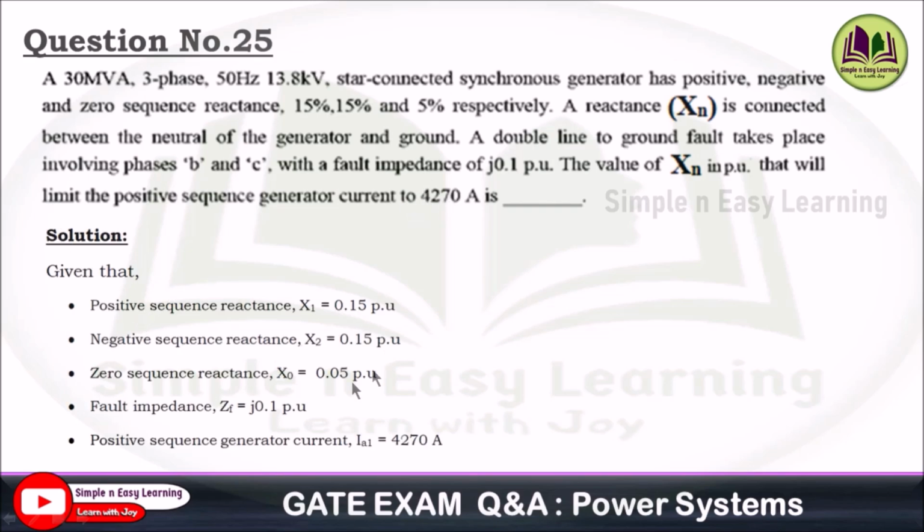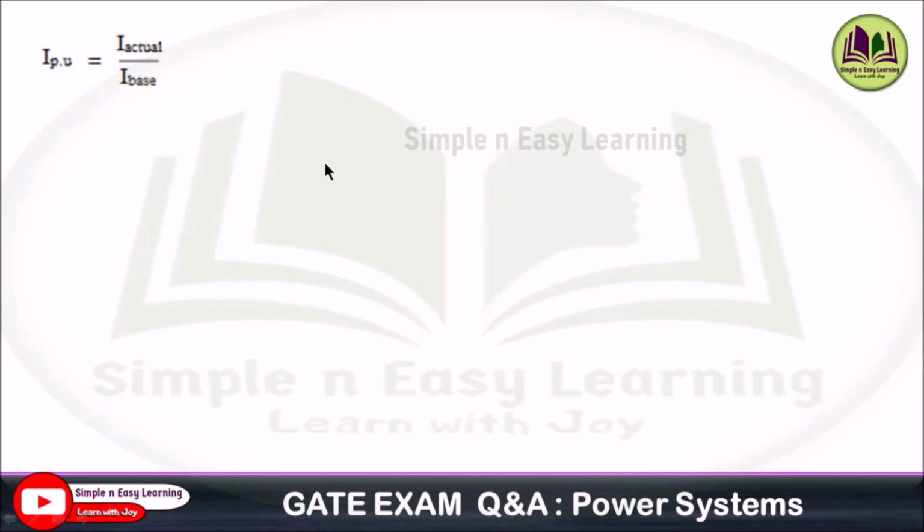Solution: given the positive sequence reactance, negative sequence reactance, zero sequence reactance and fault impedance, then the positive sequence generator current. These are the given data. The positive sequence generator current is given as 4270 ampere, so it is an actual value of current. We need to find the per unit value of current. Per unit value of current equals actual value of current divided by base current.